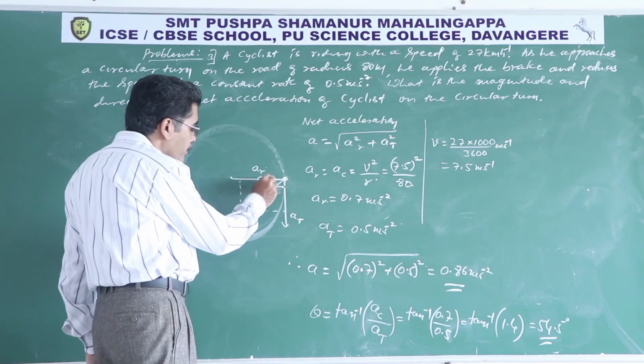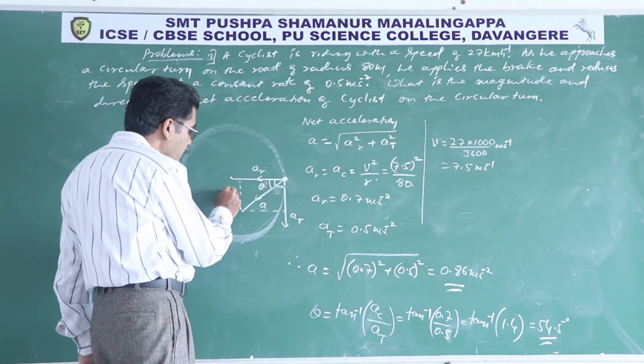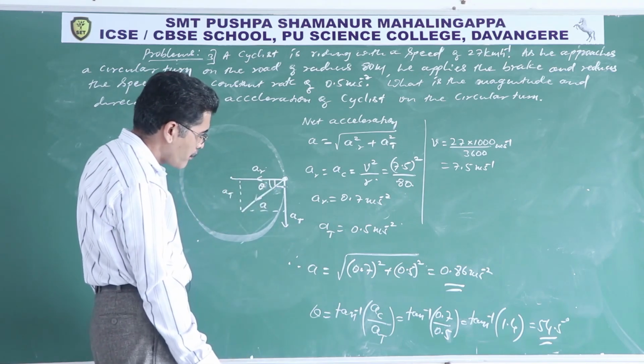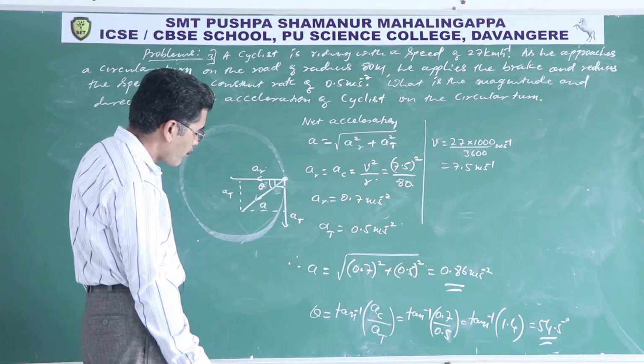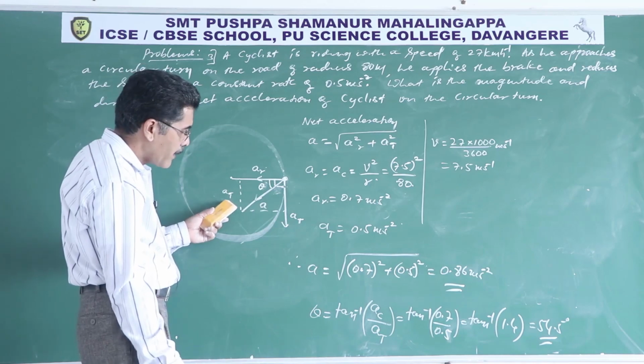This is theta, this angle. The opposite side is A_T, the adjacent side is A_R. Tan theta, opposite side A_T.